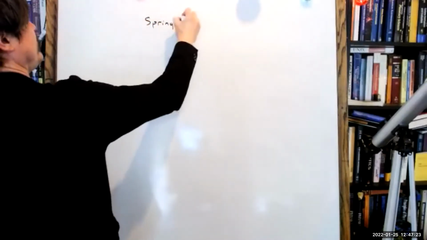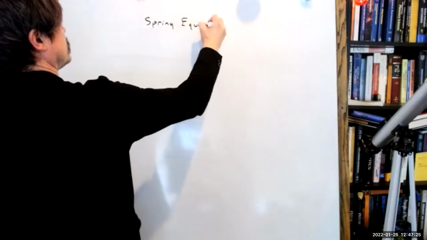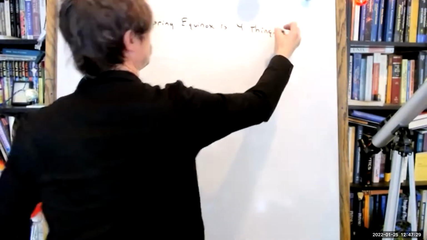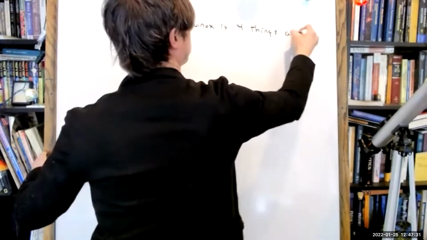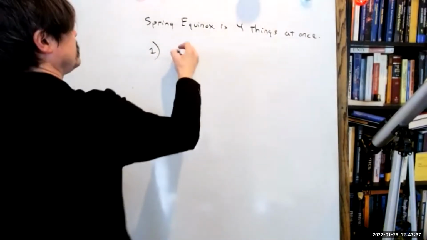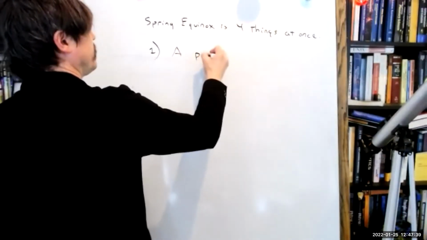The spring equinox is 4 things all at the same time. The spring equinox, first and foremost, is a point in Earth's orbit. That's how we originally considered it.